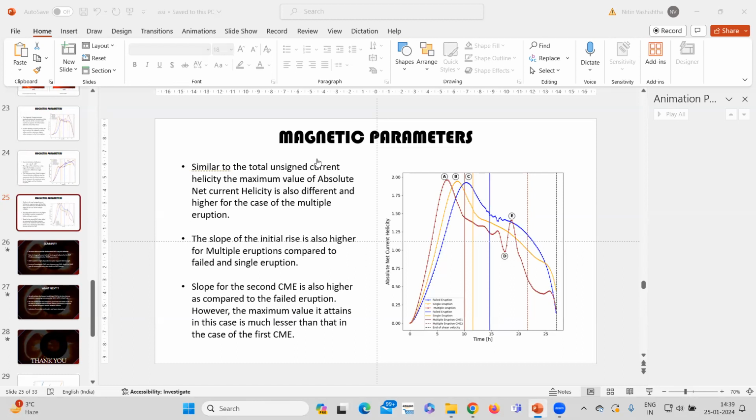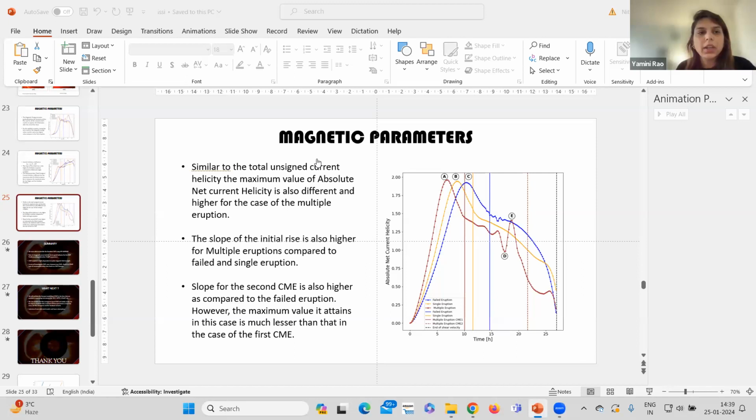I don't think there are separate parameters which talk about the filament associated CME like SHARP parameters, because SHARP parameters tell about the magnetic field on the photosphere. Or one may comment about this.